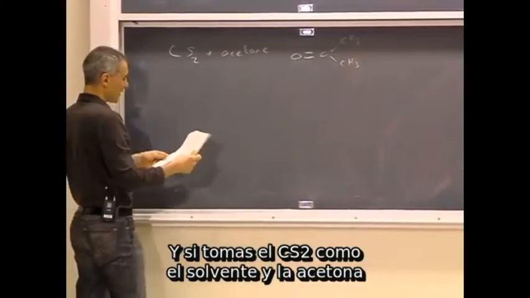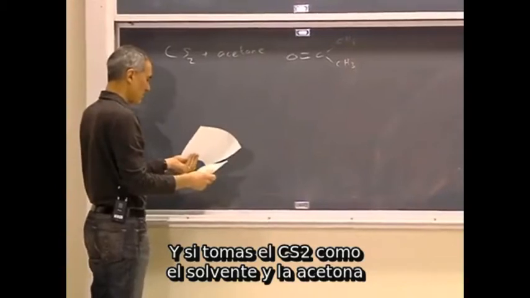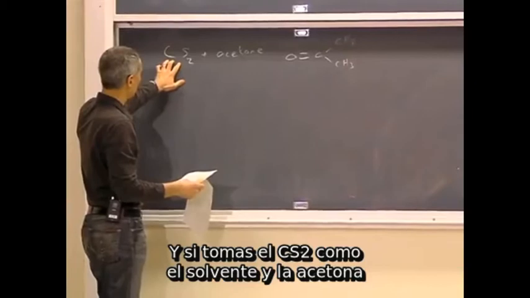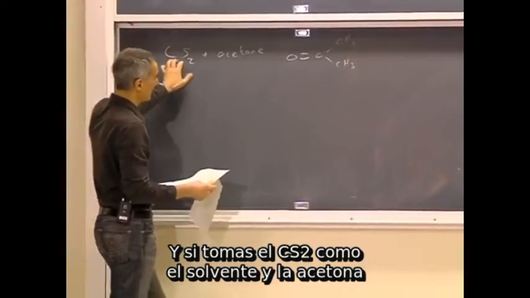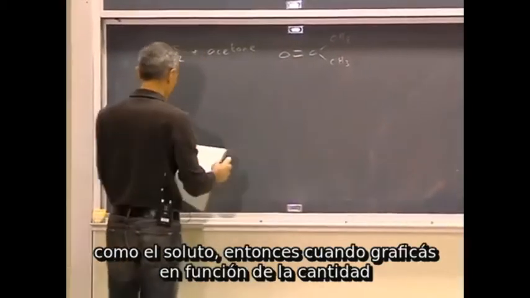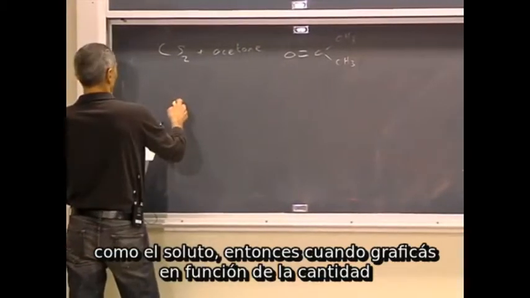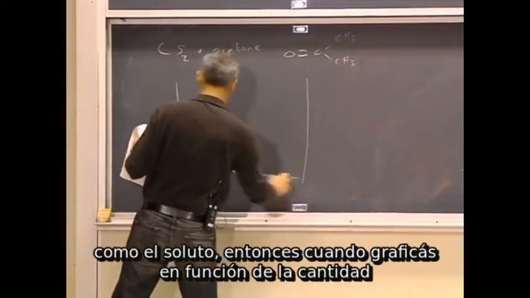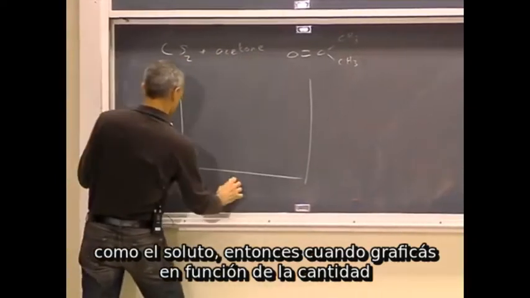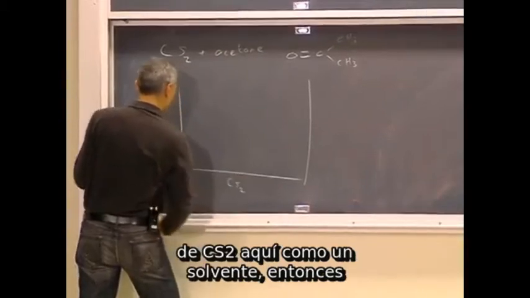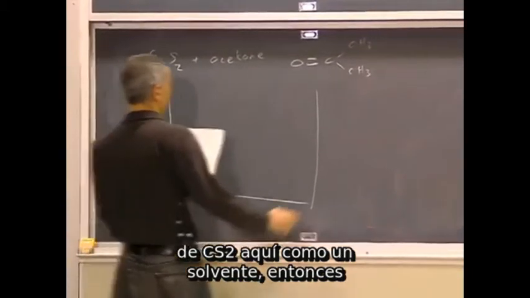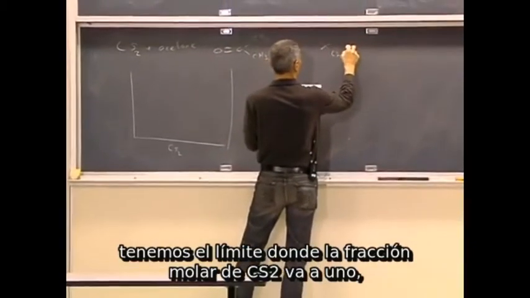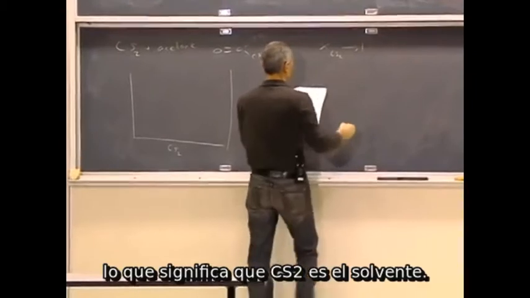And if you take the CS2 as the solvent and the acetone as the solute, then when you plot as a function of the amount of CS2 here as the solvent, you have the limit where the mole fraction of CS2 goes to 1, meaning that CS2 is the solvent.